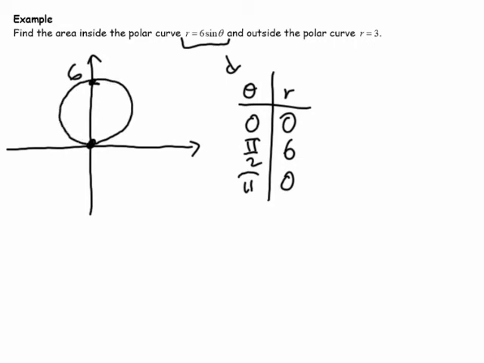But we have this other curve, r equals 3, which we should recognize as a circle with a radius of 3. And so we want the area inside the black curve but outside the red curve, which will be this section in here.